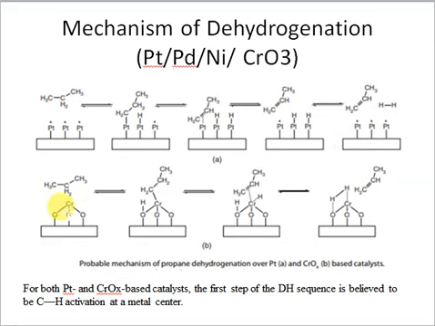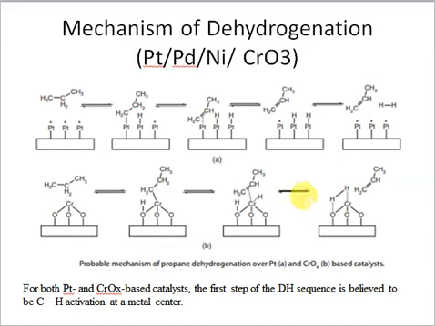However, if you are using chromic oxide, CrO3, the first step is that the chromium gets bound to the carbon, and the proton gets shifted to the oxygen of chromium. In the next step, a double bond forms, and once the double bond formation has been completed, the second proton also gets shifted to chromium, and here we have two hydrogens. These hydrogens remain bonded to the chromium.